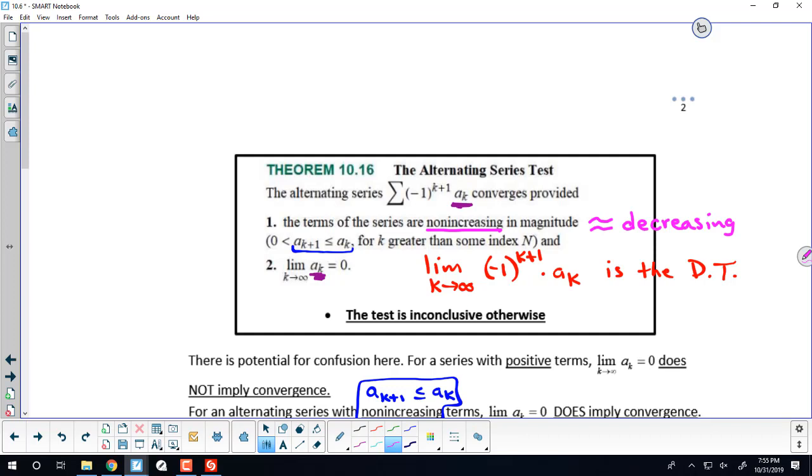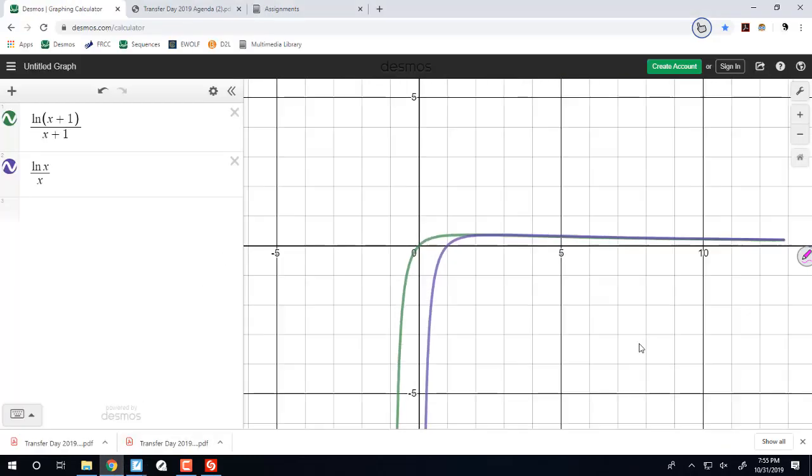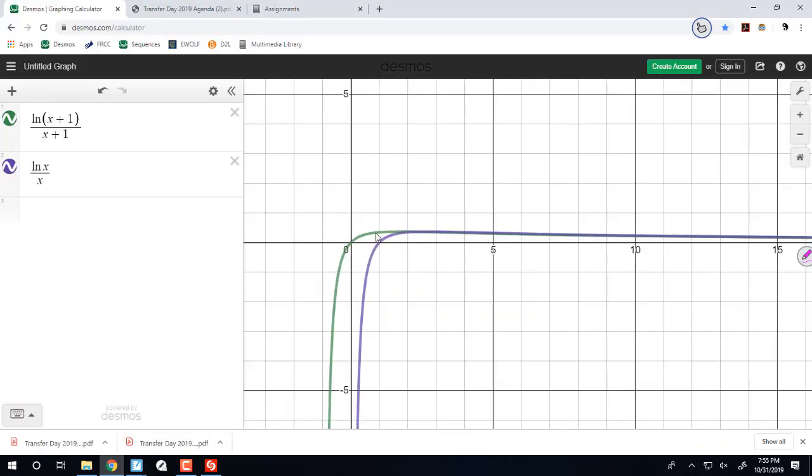So to test if something is decreasing, just like with the integral test, sometimes you might have to look at the first derivative and test that way just to make sure. So here, I'll show you the graph of both of those. The continuous aspect anyways. Here's ln k plus 1 over k plus 1 in green, and in purple, the series that we're given.